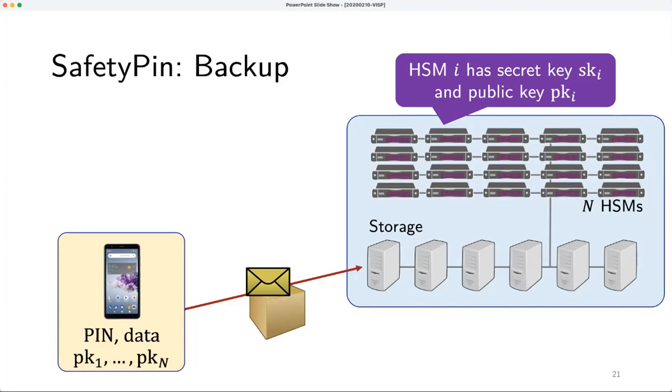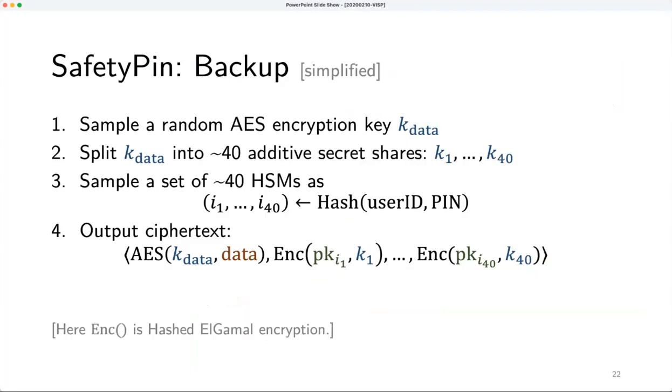The way the backup process works is as follows. Your phone samples a random AES key, a random encryption key, and splits this key into some number of shares using an additive secret sharing scheme. Think of the number of shares as something like 40, where this 40 depends on the security parameter. These are just additive shares of the secret key, so K1 up to K40 add up to the AES encryption key that you picked.